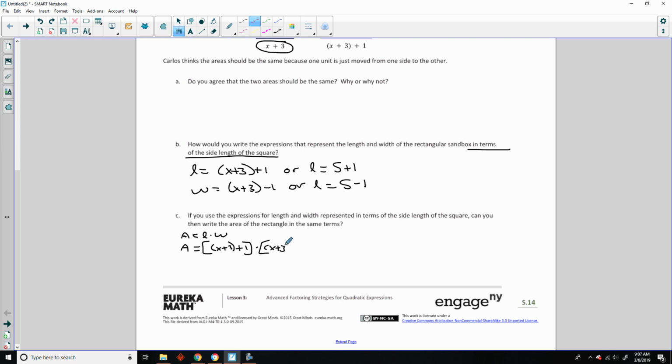That's a little messy. Let me redo that. Okay, so there's the equation for area. Area equals length times width. So there's my length and there's my width.